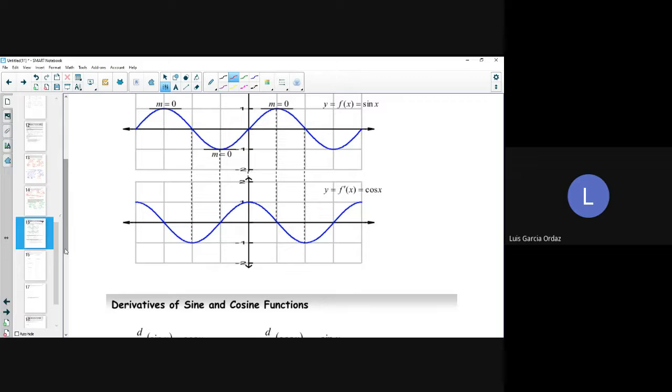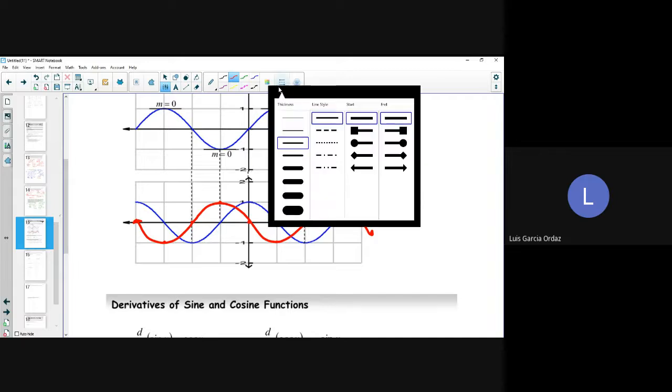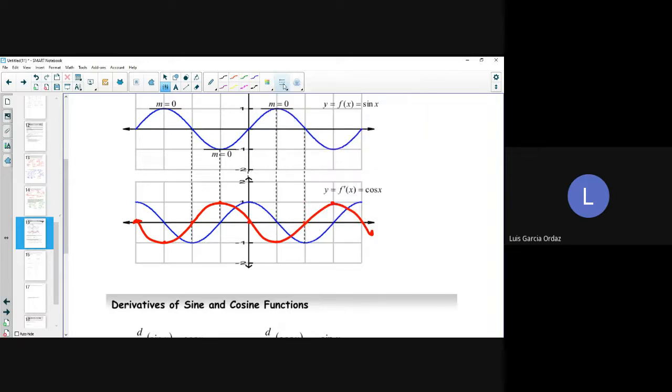Which means that if I were to draw my regular sine function over here, that would be the derivative.